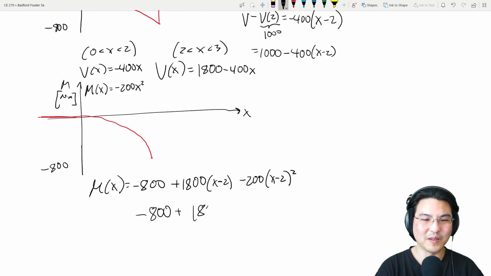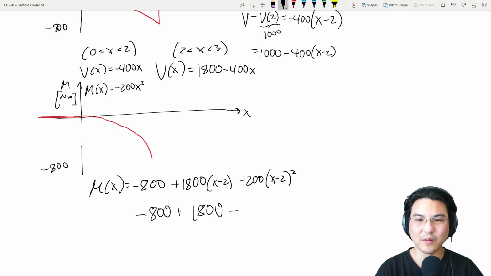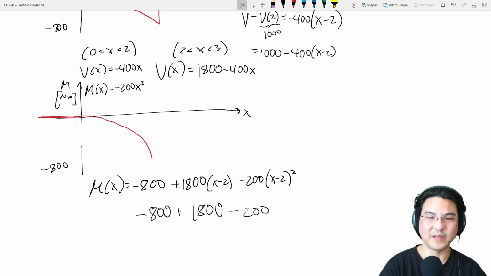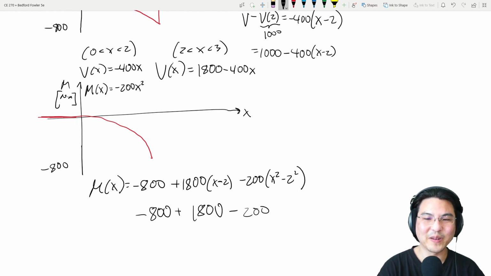That would be 1800, and then x squared minus 2 squared is 9 minus 4, so it's 5, times 200, so 1,000.